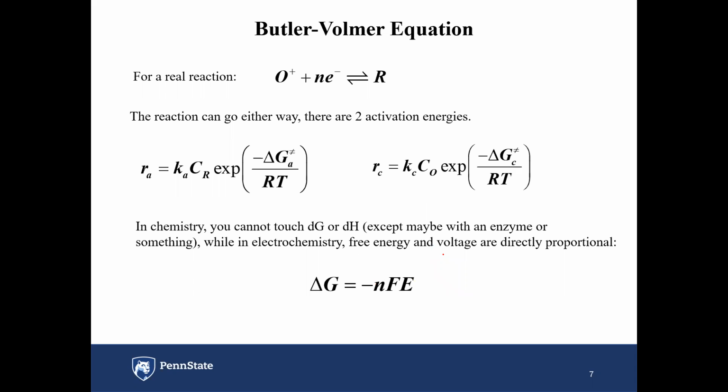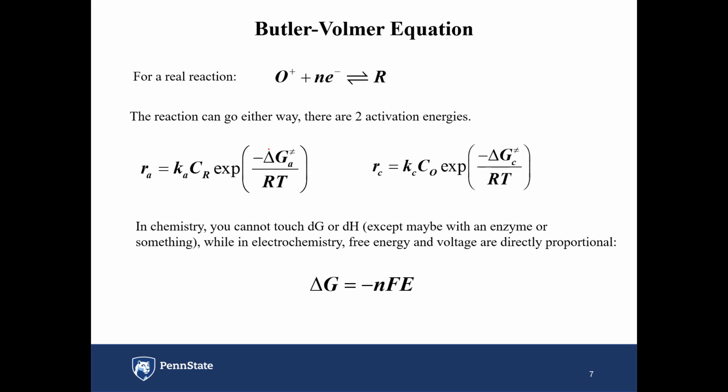For example, most of you may have already heard of one equation called the Butler-Volmer equation. The Butler-Volmer equation is a very, very important equation that describes the electron transfer kinetics. This equation assumes we have a reaction: one oxidizer plus an electron turned to a reactant. And this reaction can go either way. There are 2 activation energies.